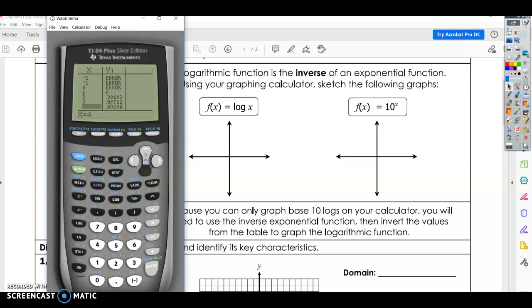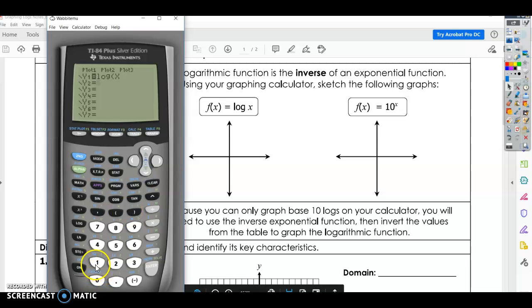Okay, so let's look at the inverse function. Let's look at f of x equals 10 to the x power. So 10 raised to the x power, that's your exponential function. That's the inverse of log base 10 of x, and hit graph.